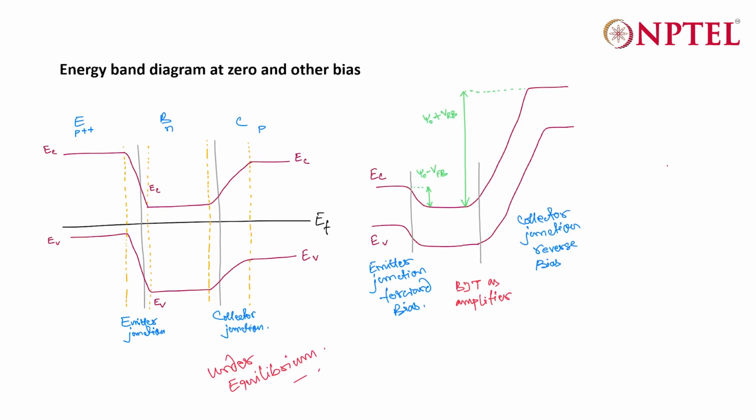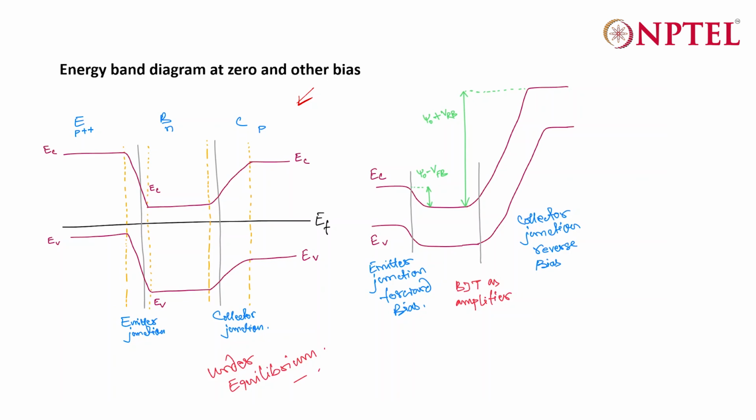So today we will start with the band diagram of BJT under zero bias. If you look at the band diagram, it will be similar to that of the PN junctions, but in this case we have two PN junctions.